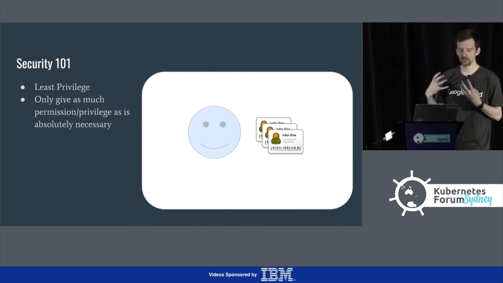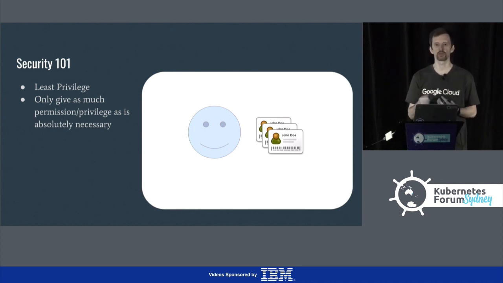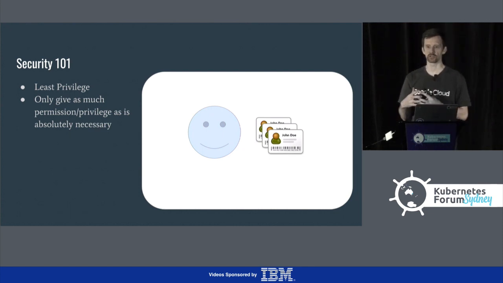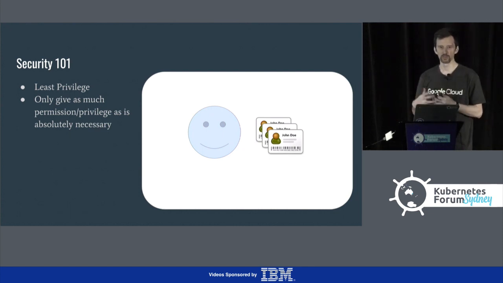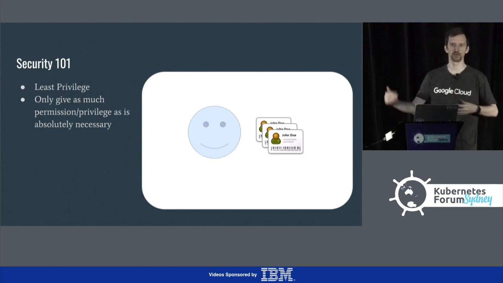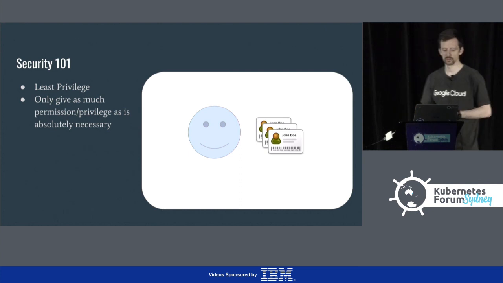Otherwise, if an attacker is able to compromise that application and steal those credentials, or otherwise execute code as that application, then they only have the privileges that application was originally given, and not extra privileges that allow them to do more and penetrate deeper into your cluster or your system.